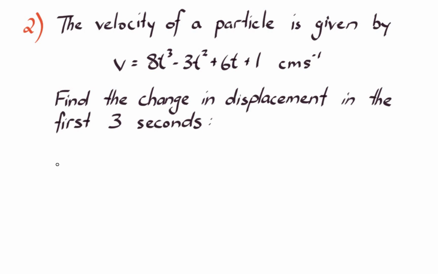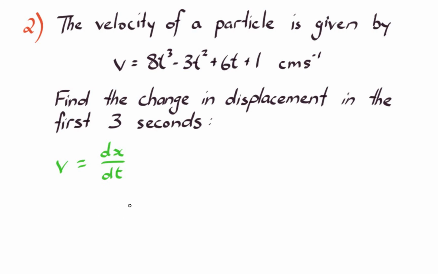So the first thing to remember is that velocity, by definition, is the change in displacement compared to the change in time. So when we talk about so-called instantaneous velocity, it's the derivative with respect to time of displacement. X is displacement.